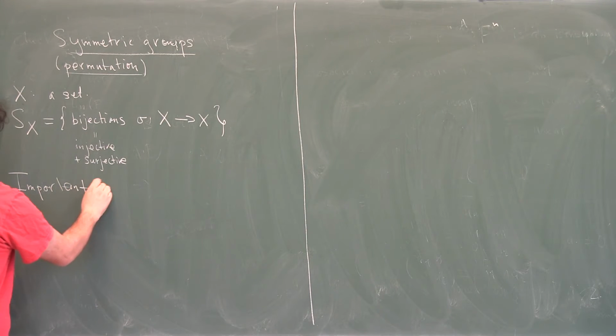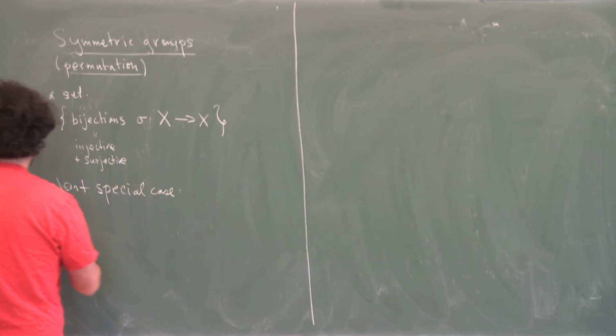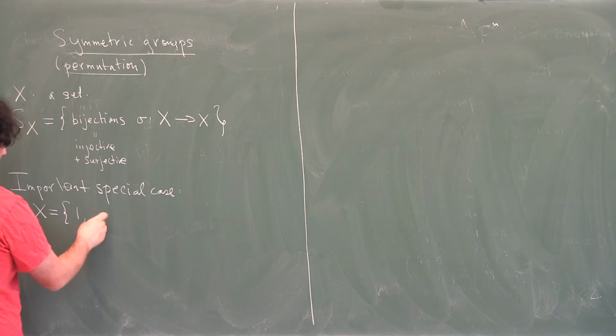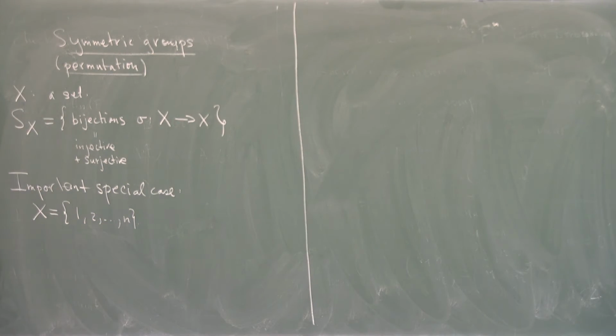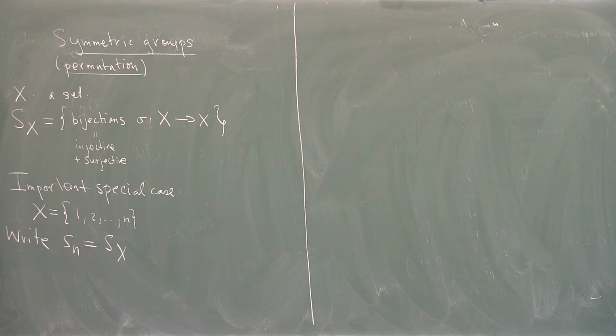So an important special case is when X is finite, and then here we are just using the structure of X as a set, so we can write X as the set with n elements, 1 up to n, and in this case we write S_n for S_X.